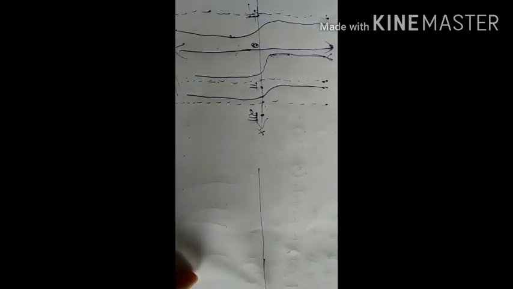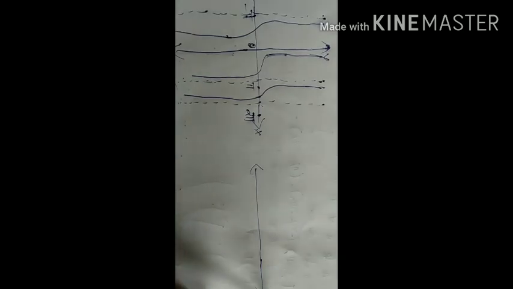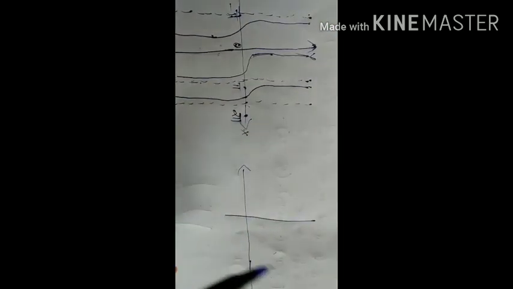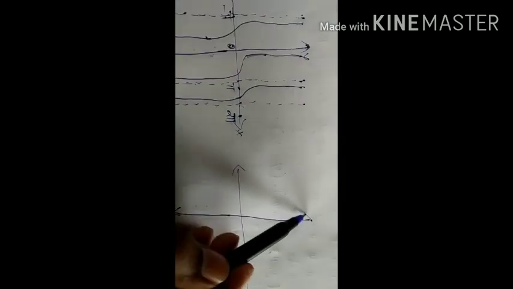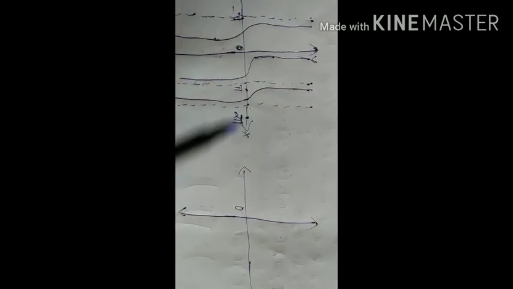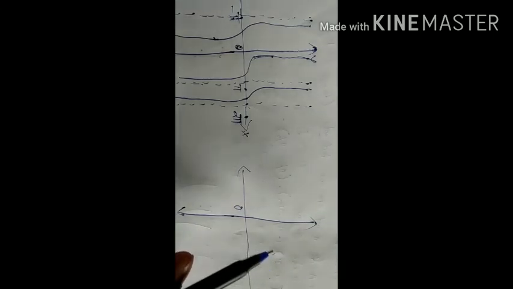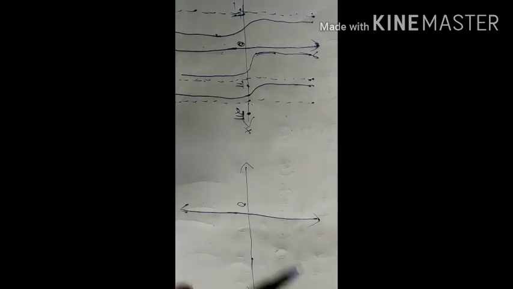So this is the graph of the cot function. Let's see the graph of cot inverse. This horizontal line is the x-axis, and this vertical line represents the y-axis. Here the x values are changed to the y-axis and the y values are changed to the x-axis.